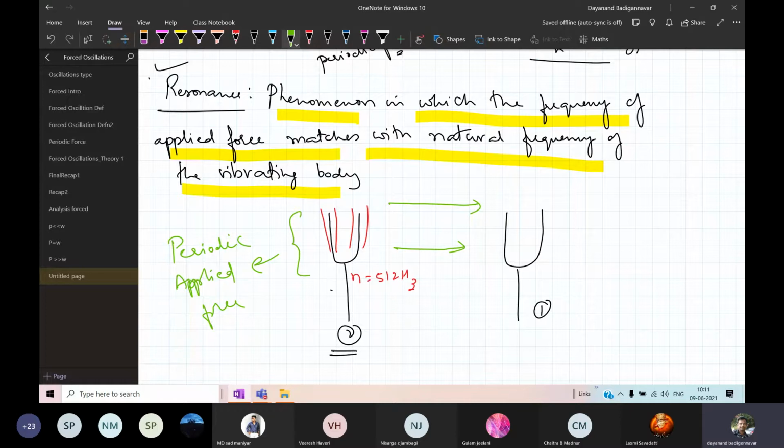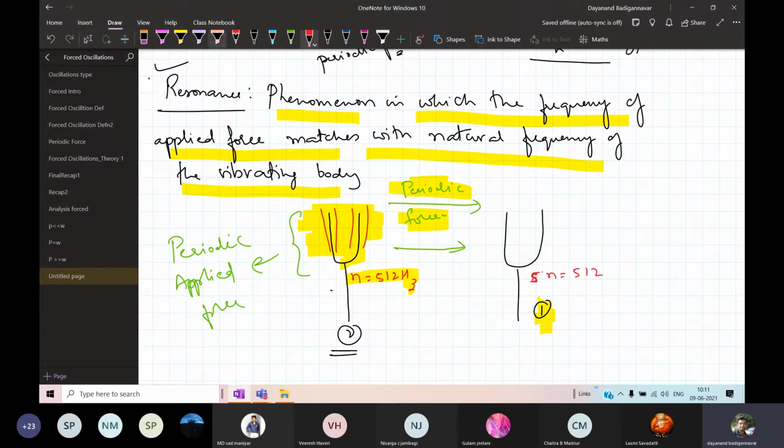What happens due to the periodic force? You get a sound from the second tuning fork, and this sound acts as a periodic force. When the periodic force falls on the first tuning fork, it will also start vibrating, provided the frequency of the applied force matches with the natural frequency of the tuning fork.